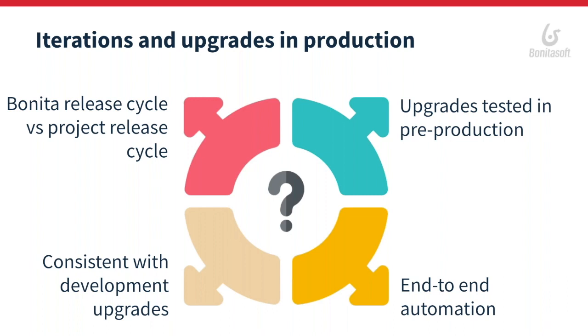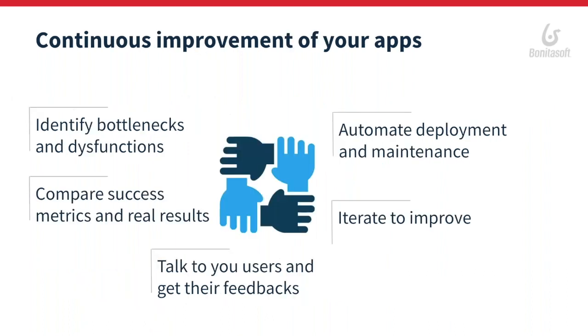Then you have to be consistent with your development upgrades and make sure that, in order to avoid human errors, you use end-to-end automation. And of course, test your upgrades in pre-production, before doing that in production, in order to avoid issues with your data, for example.